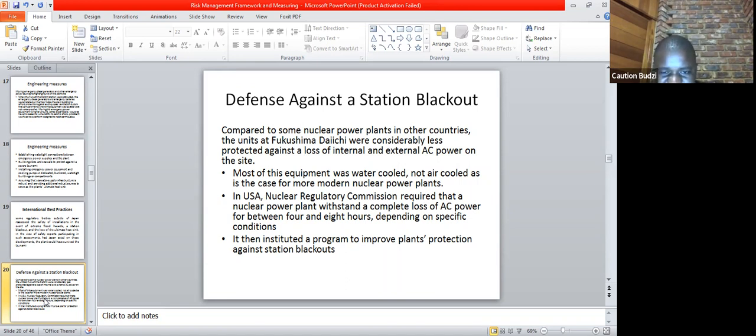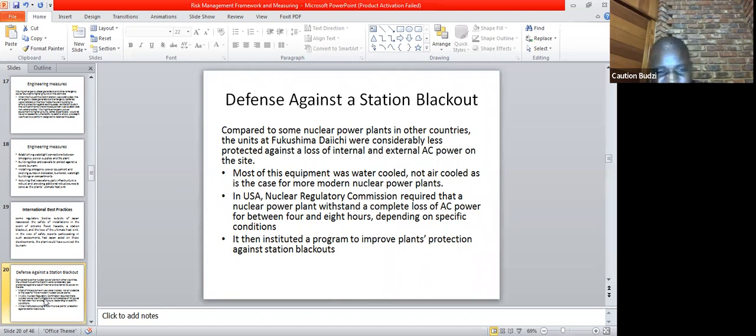In the USA, the Nuclear Regulatory Commission required that a nuclear power plant withstand a complete loss of AC power for between 4 and 8 hours, depending on the specific conditions. So these guidelines were not followed at this power station to improve plant protection against station blackouts.